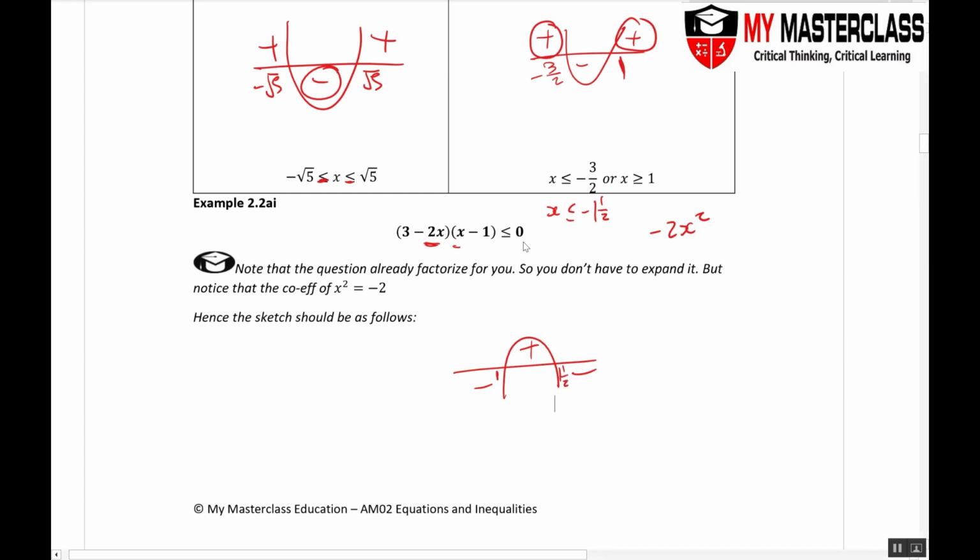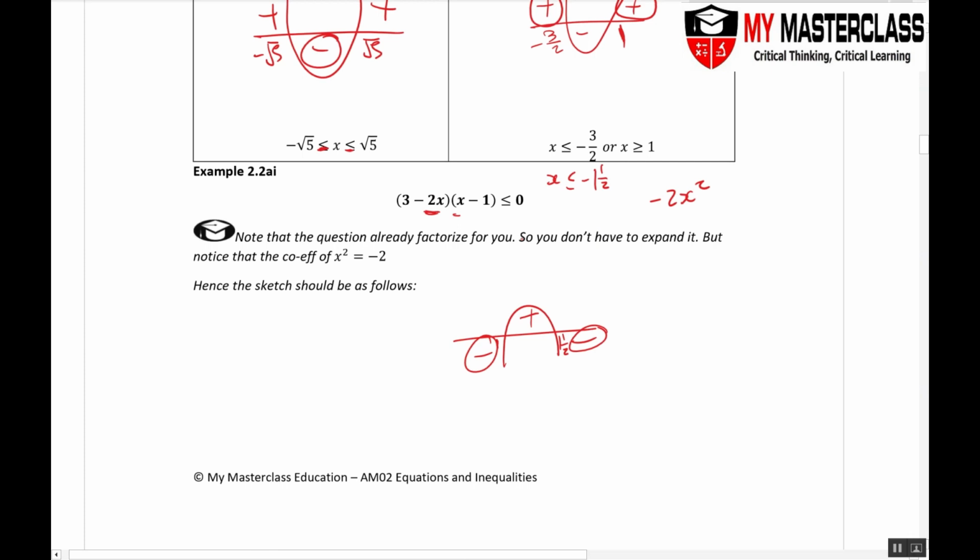Based on the inequality sign, less than or equals to, I'm taking the negative regions. So your final answer will be x less than or equals to 1 or x more than or equals to 1.5.